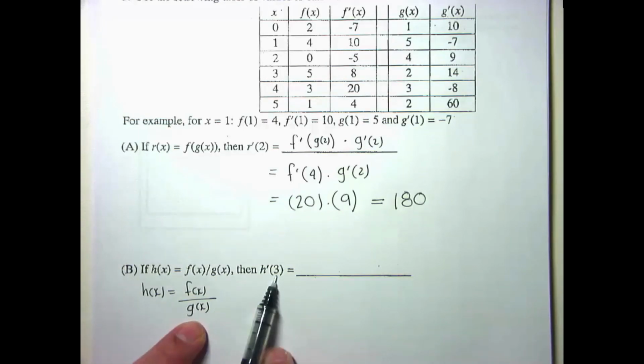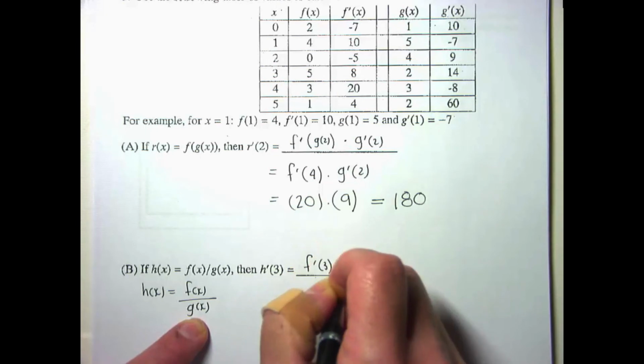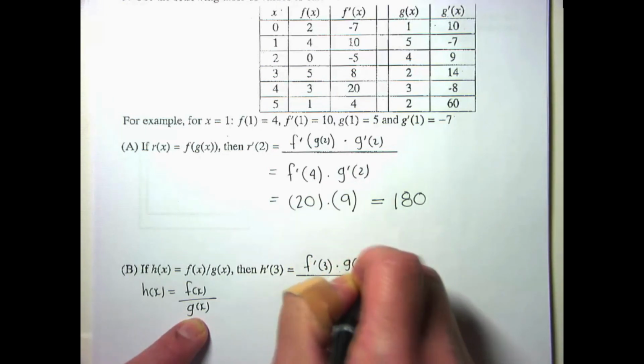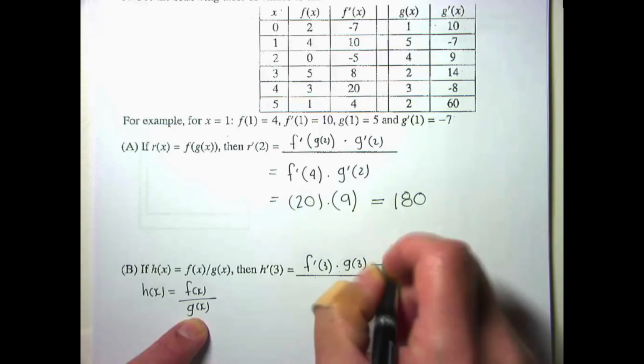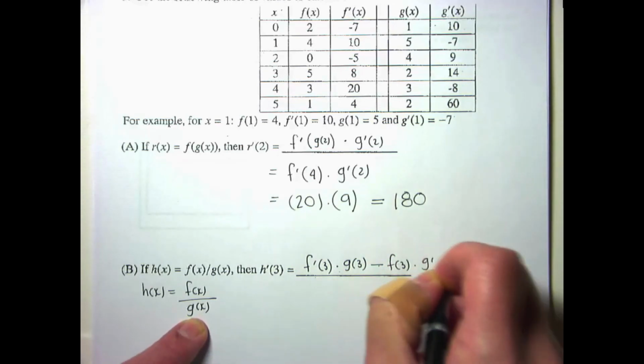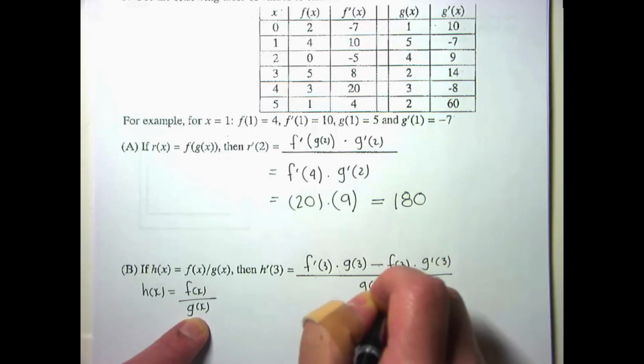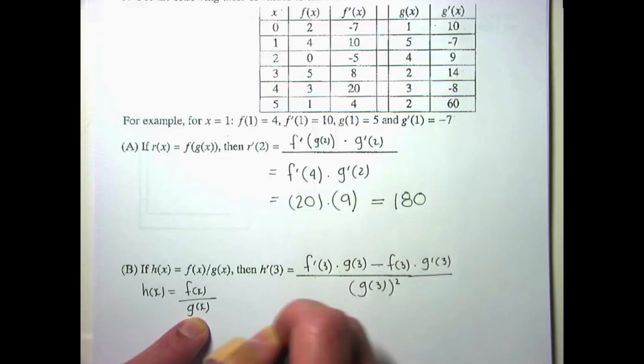All right, so it will be derivative of the top, so f prime of 3, times the bottom, g of 3, minus the top, f of 3, times derivative of the bottom, g prime of 3, all over the bottom squared, all over g of 3, quantity squared.